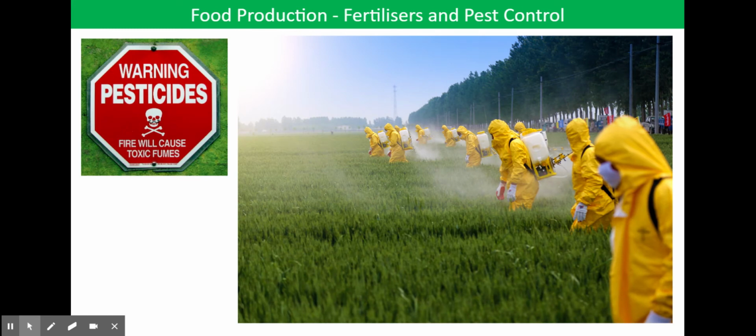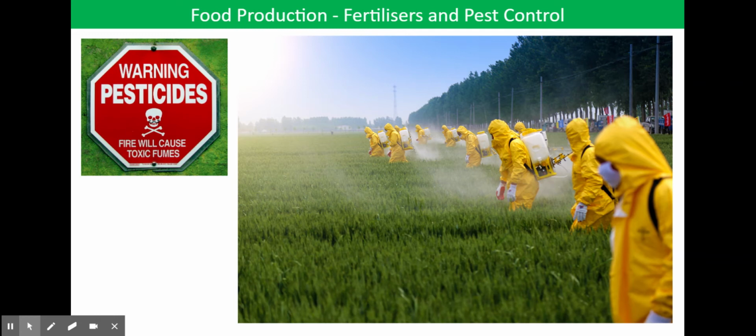We're now going to look at pest control and the advantages and disadvantages of using pesticides and biological control with crop plants. So pest control is referring to the use of pesticides to control pests from consuming or damaging the plants. Pests such as insects and other animals can damage crops by eating them.